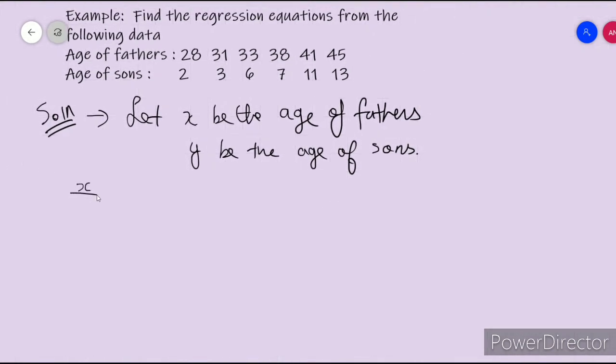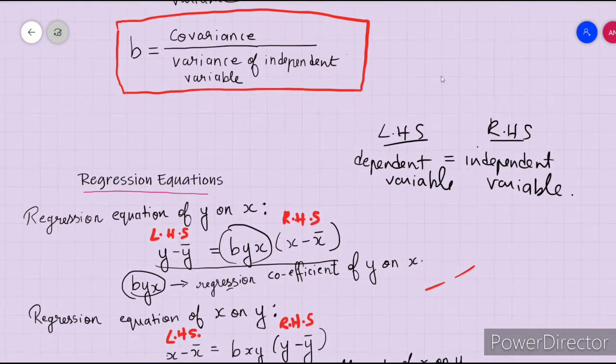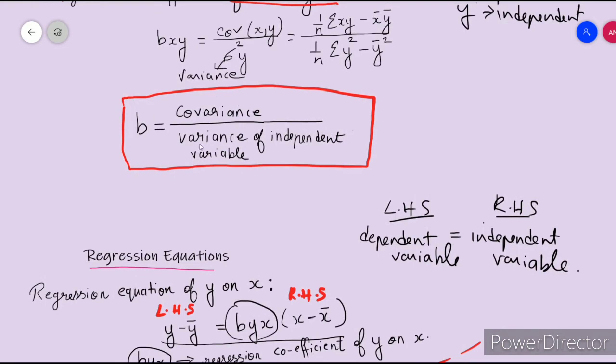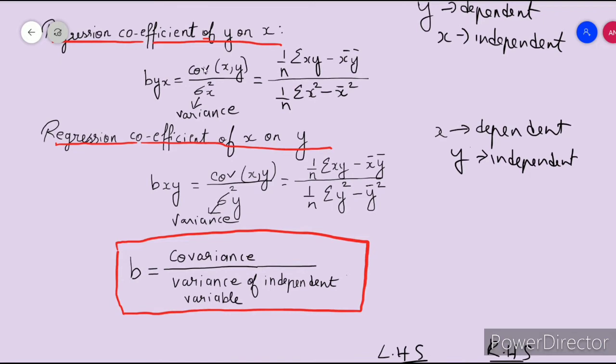So let us write the x values first. Because if we just go back, the value of the regression coefficient is nothing but the covariance divided by the variance of the independent variable. To find byx, we need the covariance of xy and the variance of x, and this is expanded as follows. So we need these values: Σxy, the arithmetic mean of the x series, the arithmetic mean of the y series.